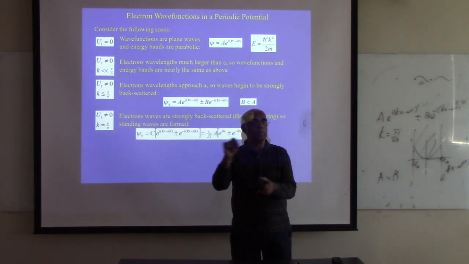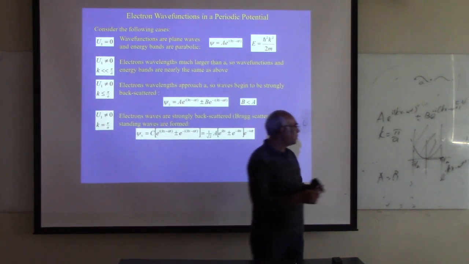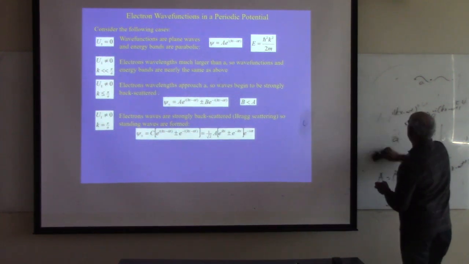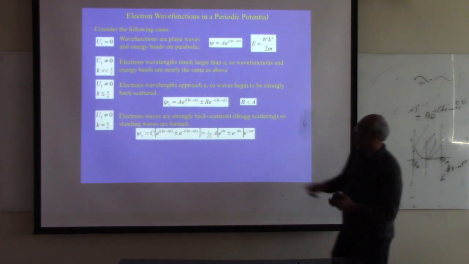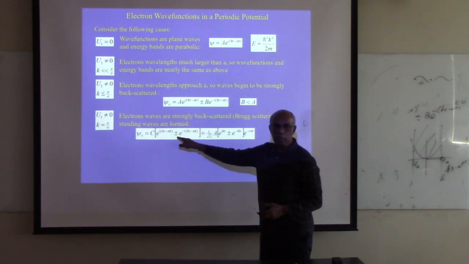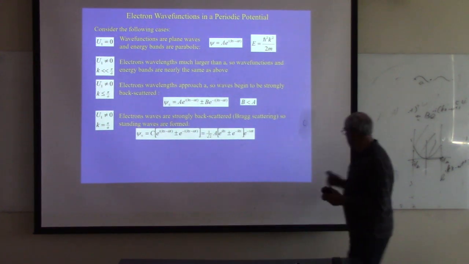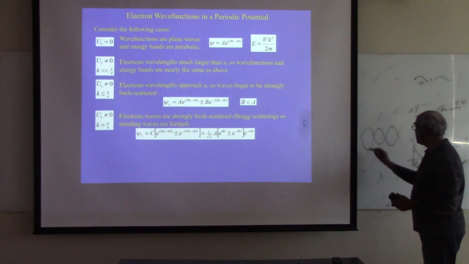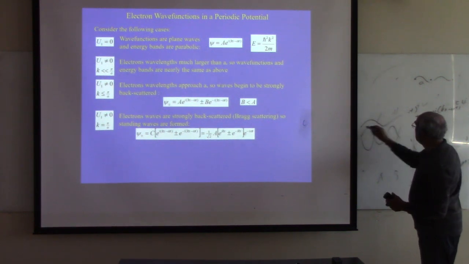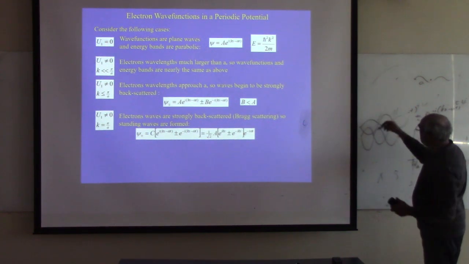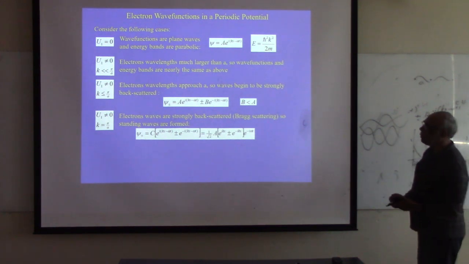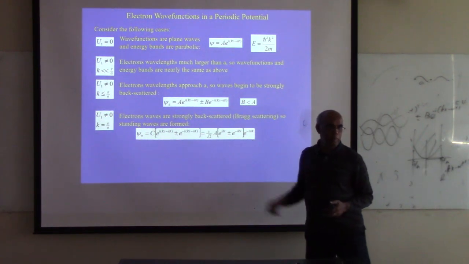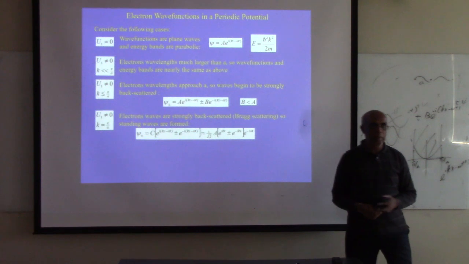You can have two different standing waves, one coming from the positive sign, the other from the negative sign. So you can have standing waves at two different positions, depending on your plus or minus. That's what we are going to discuss in the next class.